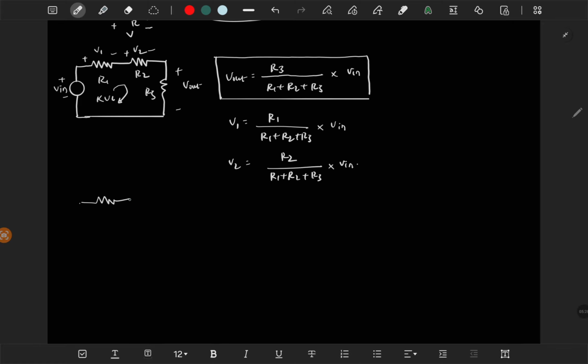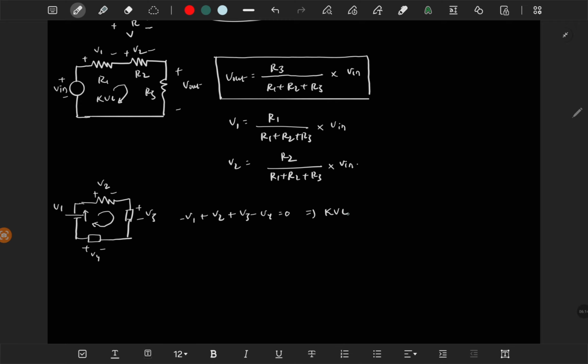If you have some loop, and you have V1, V2, V3, V4 in this direction, then you write the algebraic sum of all the voltages and make it equal to 0. The polarity depends on how you have taken it. So if you start from here, you can take minus V1, then plus V2 plus V3 minus V4 is equal to 0.